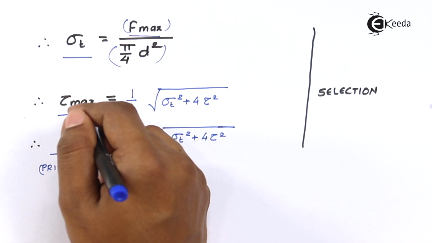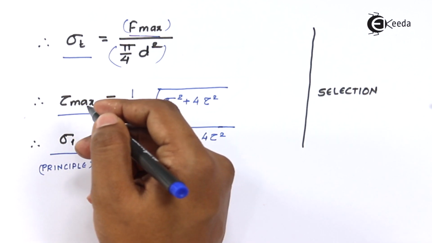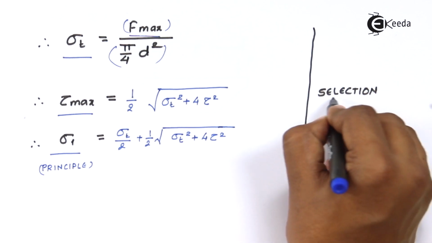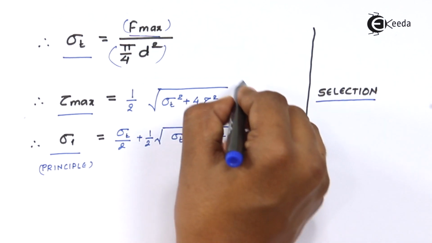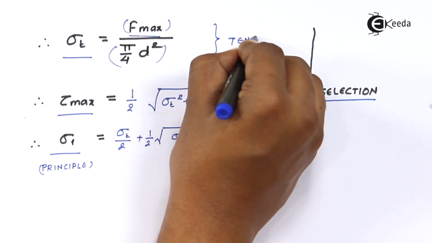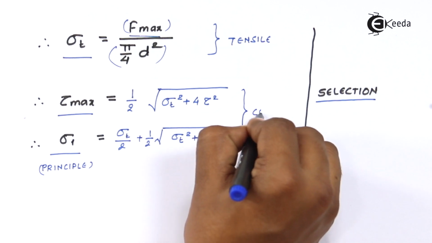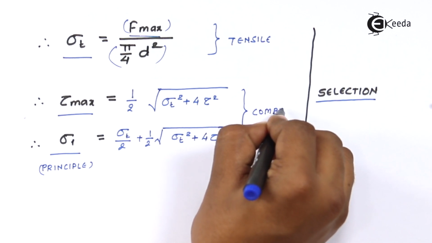Using this we can find out these two stresses which are the maximum induced stresses in the given body. Accordingly we have to go for the selection. So it is tensile stress, combined stresses.